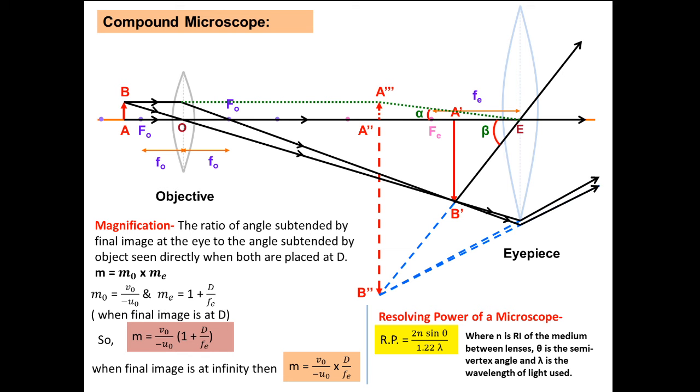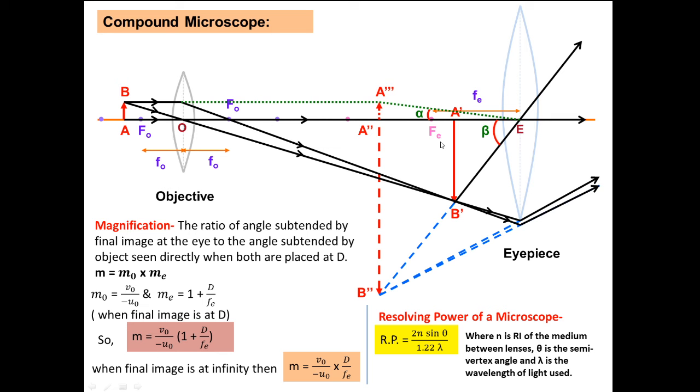Now, in another way we can write the combined magnification as m naught into me. M naught, the magnification produced by the objective, will be minus V naught by U naught. Here this distance, O to A dash, will be V naught.